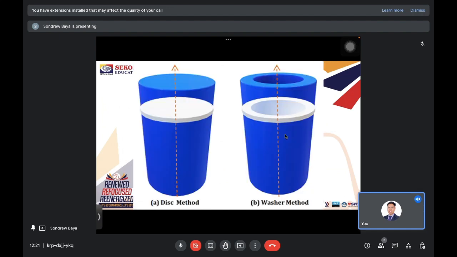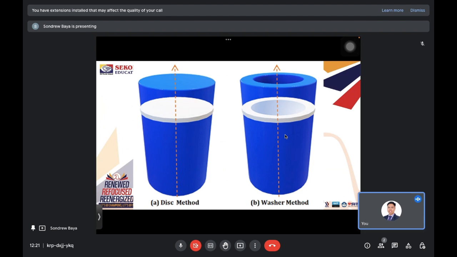For you to be able to see it clearly, let's compare the two. With the disk method, the corresponding object is solid all throughout. But for the washer method, which results from rotating an area between two curves about the x or the y axis, since there's a portion below it that is empty, you expect that when you rotate it, you will also create a hollow part along its center, in the middle.